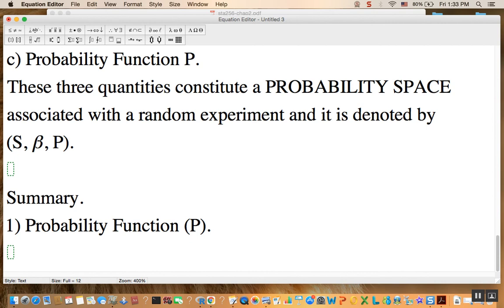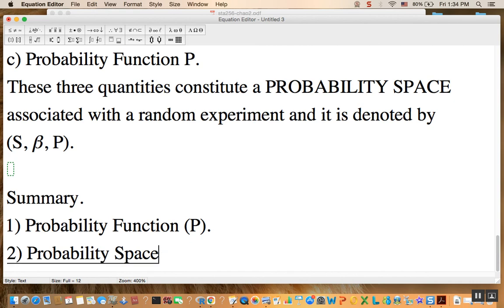Okay, so the other important concept that we talked about here was the probability space, which is the three components that we need to provide a mathematical description of a random experiment.